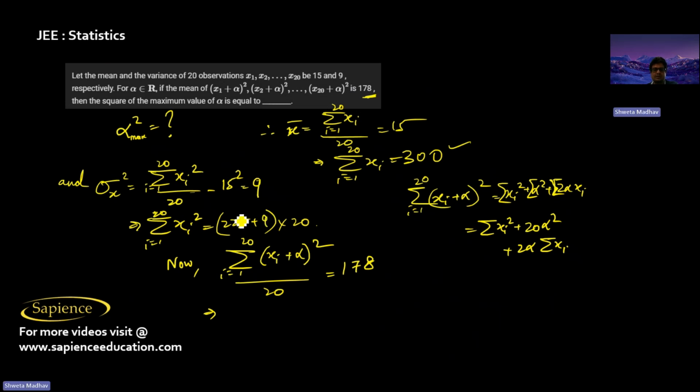So now summation xi square will be equal to 225 plus 9, that is 234, into 20, which will be 4680, plus 20 alpha square plus 2 alpha into 300, so that is 600 alpha.